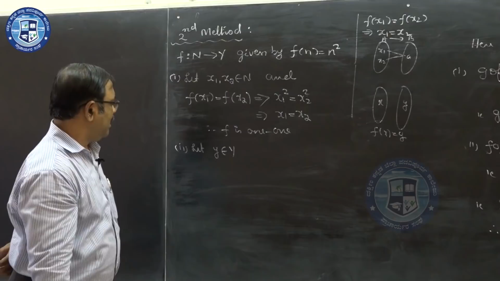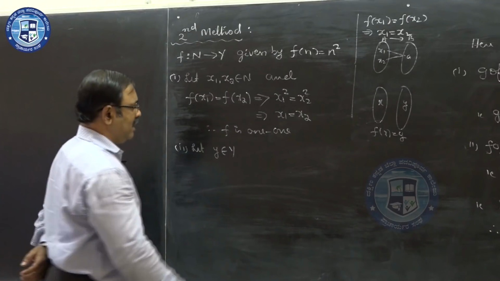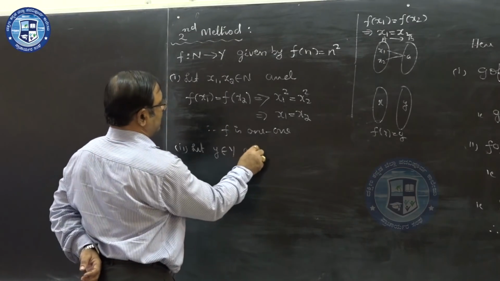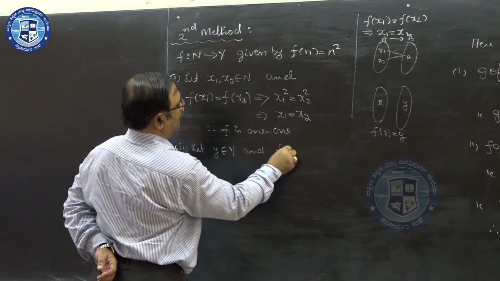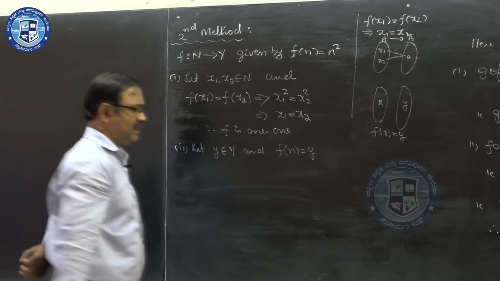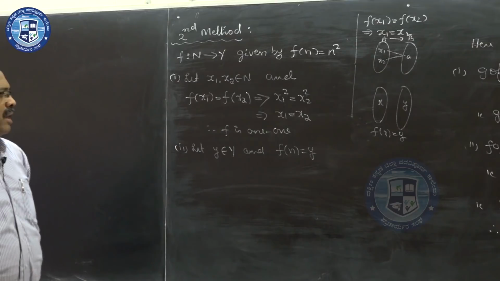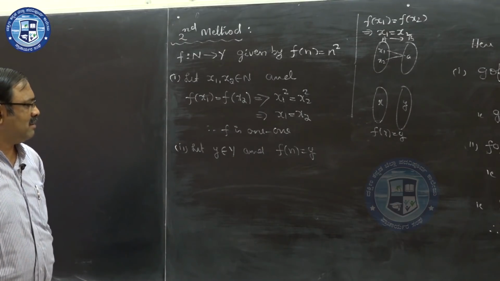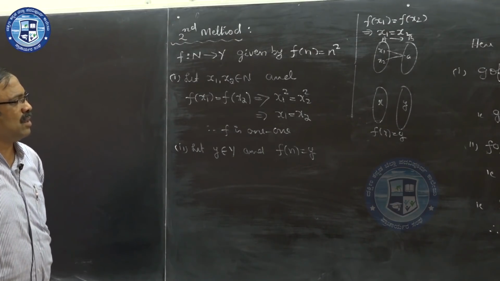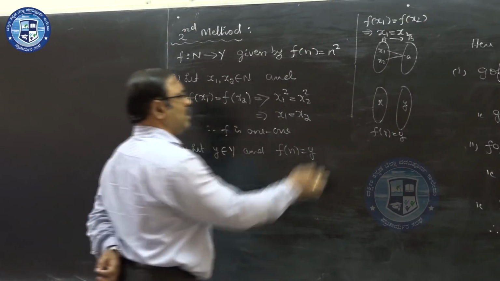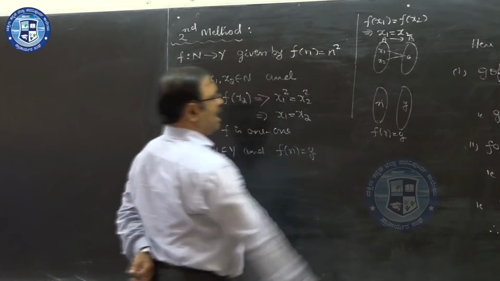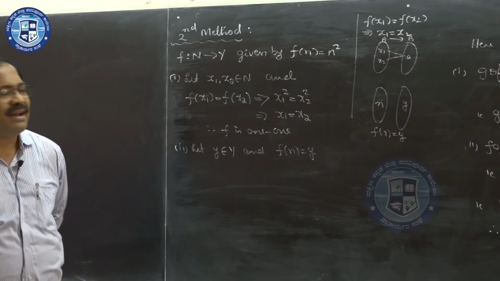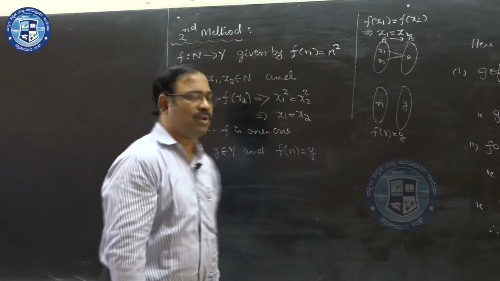So for each y belonging to Y, I am finding n in the first set such that f of n is equal to y.